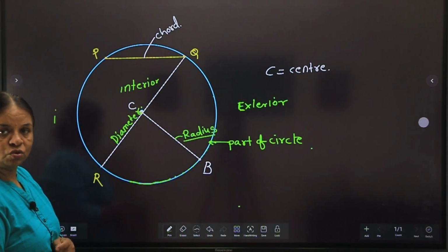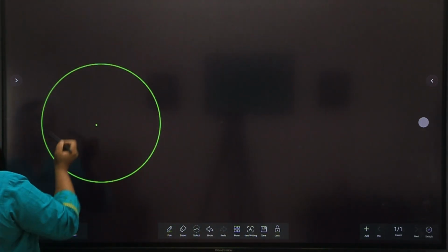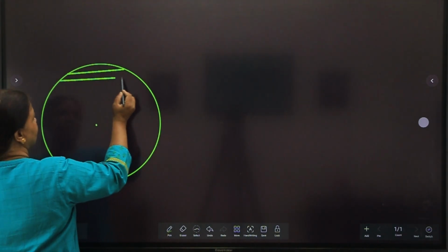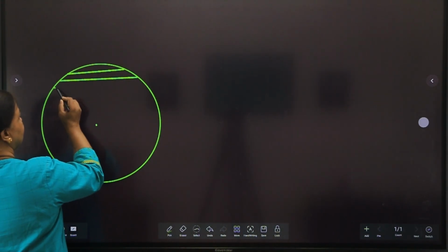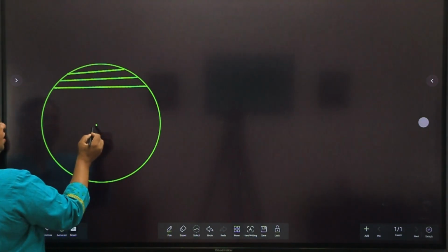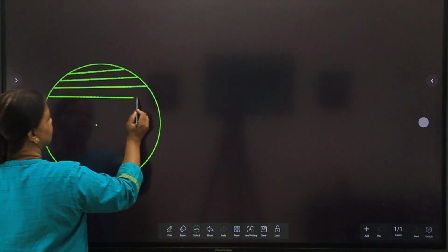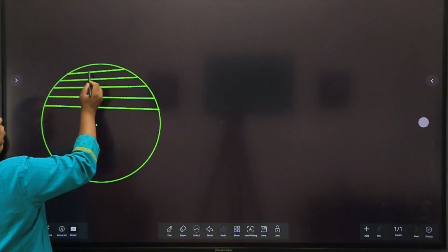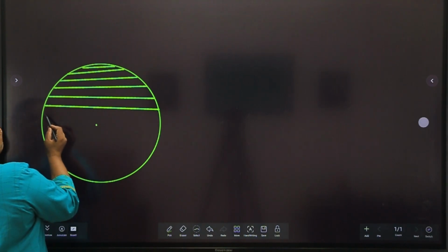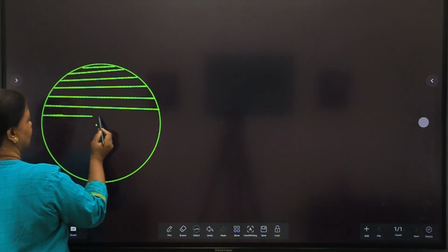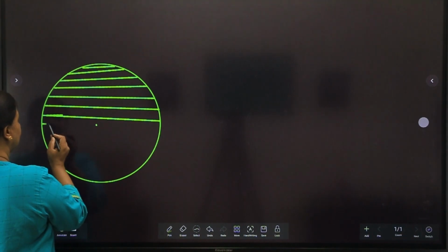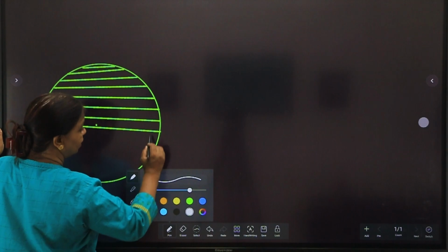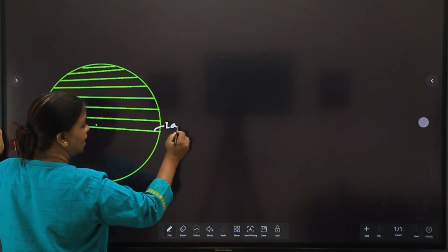Okay. So, let us move further, children. See, children, I draw one small chord here, another here. This chord is bigger than this. As the line is reaching towards the center of the circle, the length of the chord is increasing. See, this is the smallest one, and this one, and the one which passes through the center. So, the chord which is a diameter is the largest chord.